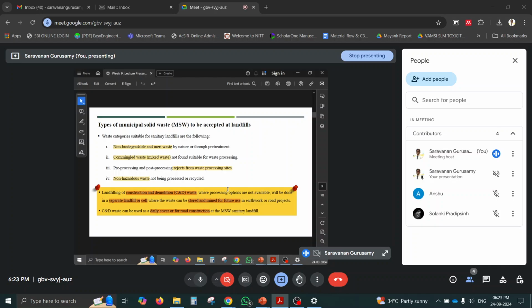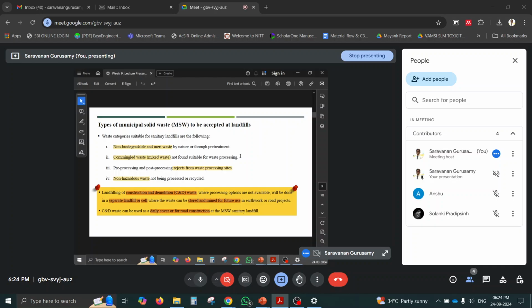What is this type of waste which does not have any value? That's what I have mentioned as residual municipal solid waste. So what is this residual municipal solid waste? The first is non-biodegradable and inert waste, by nature or through pre-treatment, like ash and other non-biodegradable waste, which can reach the landfills. Then commingled waste, mixed waste which is not found suitable for waste processing.